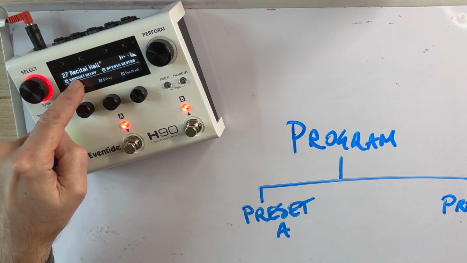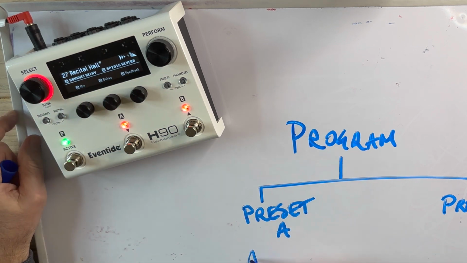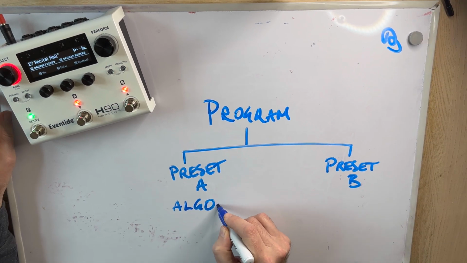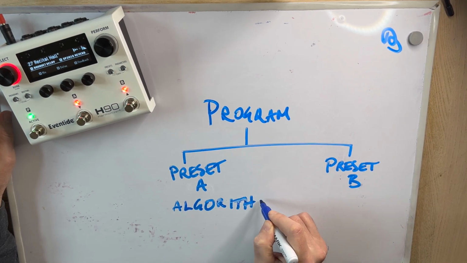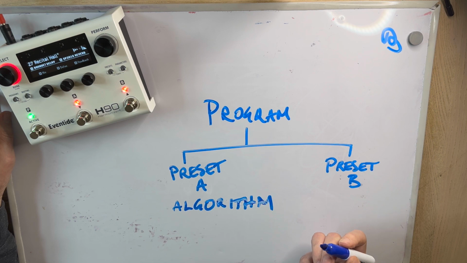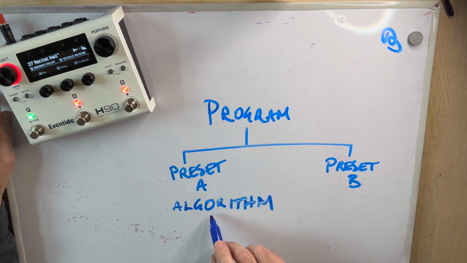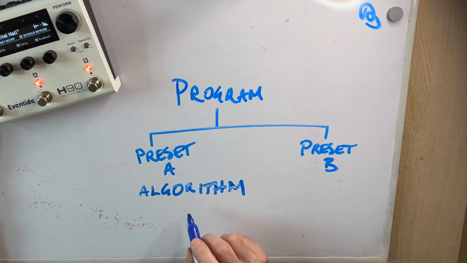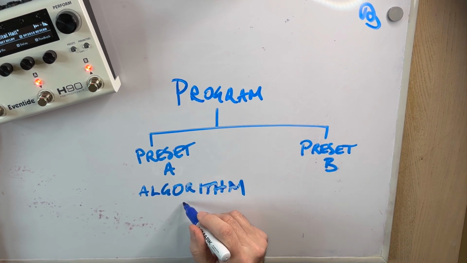What you're seeing here is the name of an algorithm. Something weird happened to my pen there. I've written algorithm. So an algorithm is a type of effect.